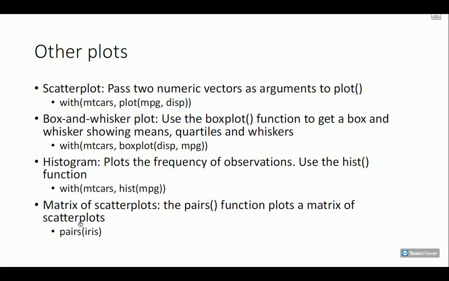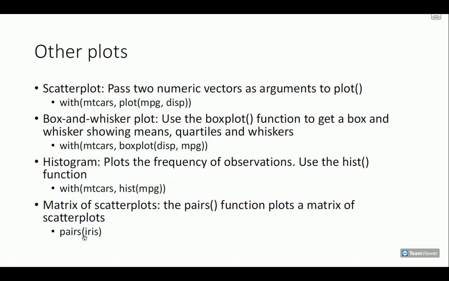And if you recall, this is one of our earlier sessions, a scatter matrix. A scatter plot matrix can be drawn with the function called pairs. The pairs function basically draws one plot for every two variables in your data frame, in your data.